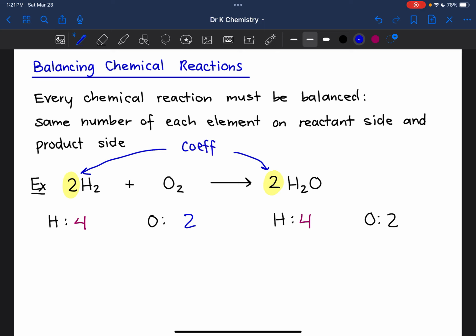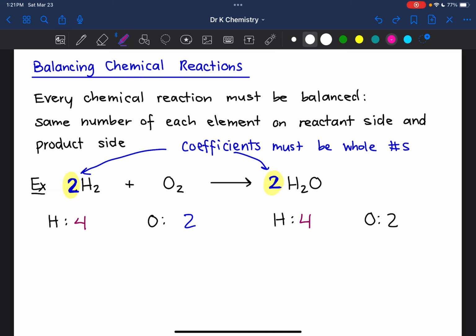So the big numbers in front, those are coefficients. And coefficients must be whole numbers. So we can't have decimals, we can't have fractions, they have to be nice whole numbers. And everything gets multiplied by the coefficient. So the entire formula gets multiplied by the coefficient.